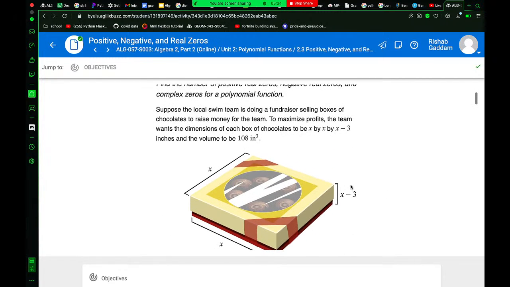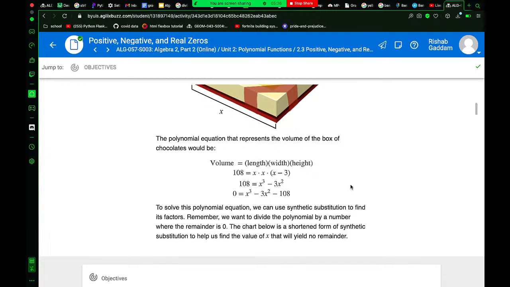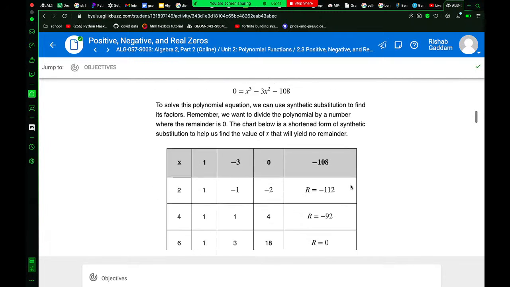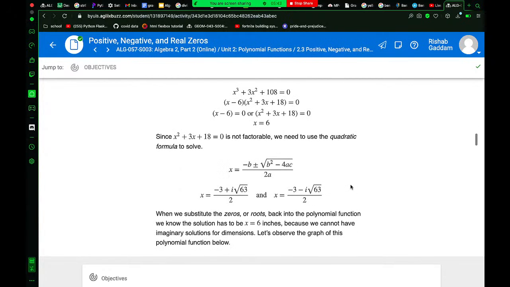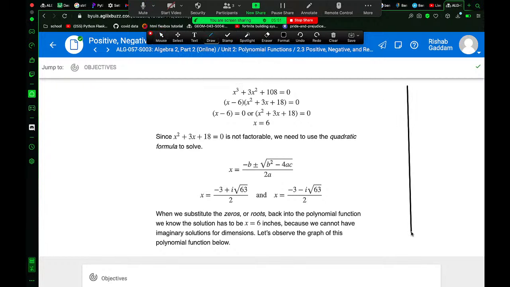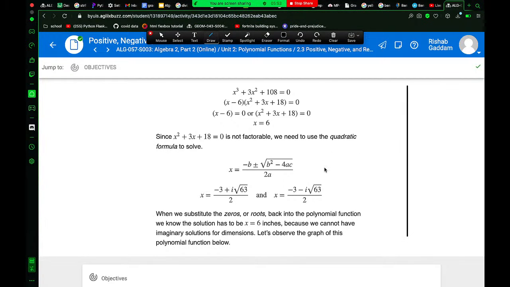So basically, when you graph, let's just draw a graph right now. Not gonna be perfect, it doesn't matter.